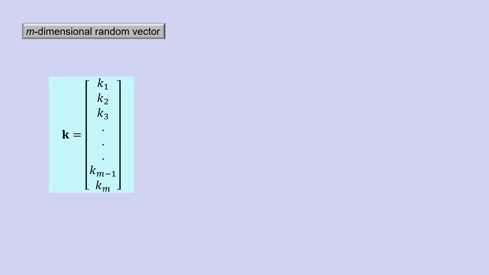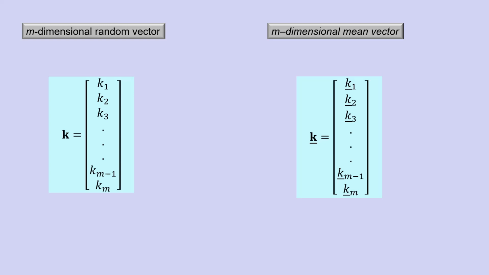So, I have a high-dimensional random vector K. If I'm going to statistically characterize K, I can use its mean.